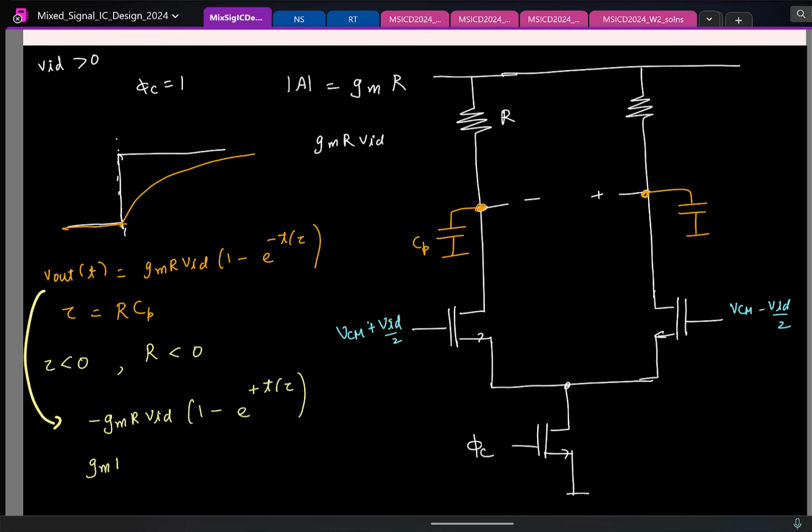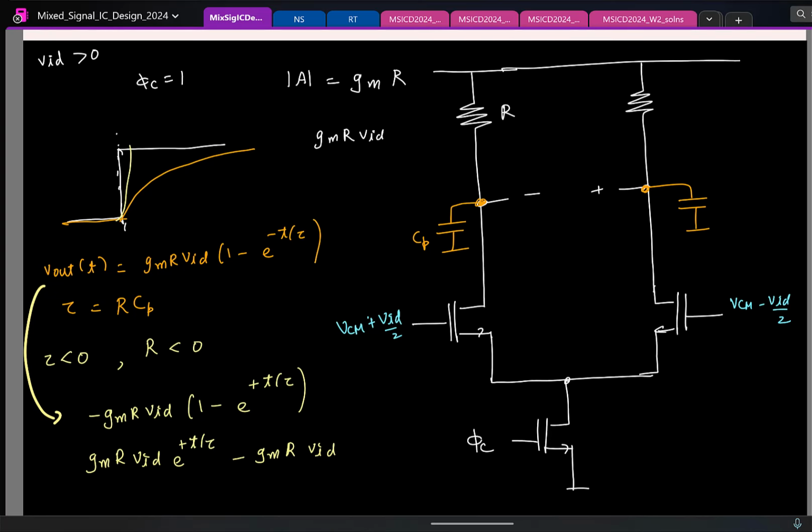So this is GM R VID e power plus t by tau. So now you see you have a positively growing exponential. If I try to sketch this, it will just instantly do this. It's an exponential growth, so it will just do this, and once it hits the supply rail, it will saturate.